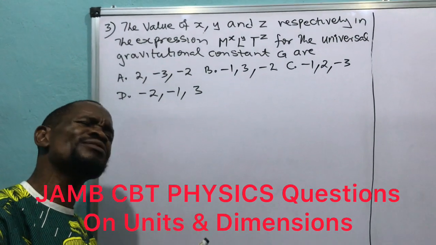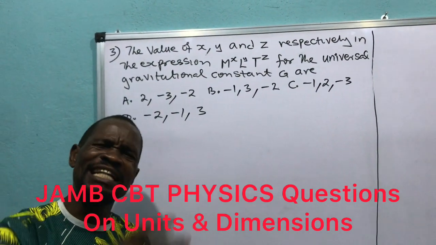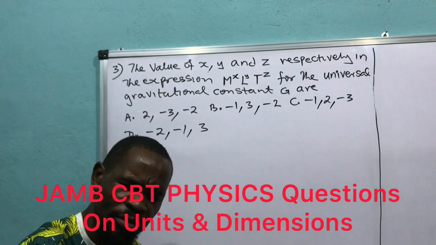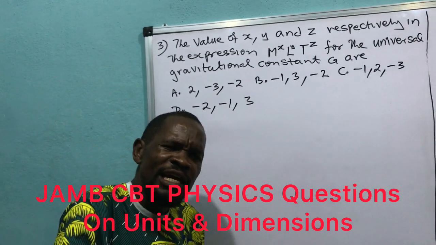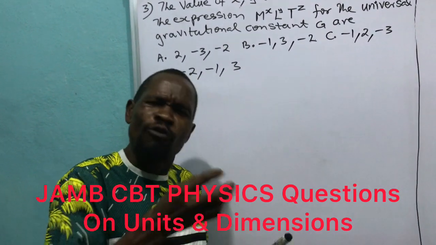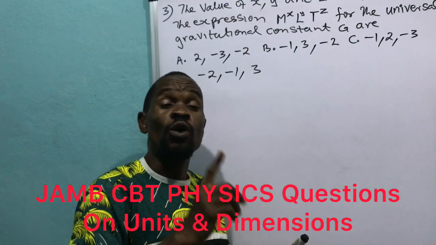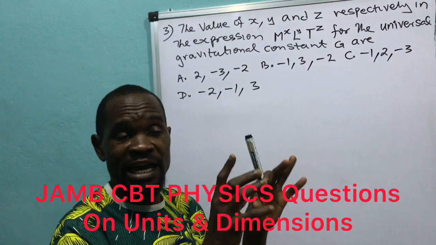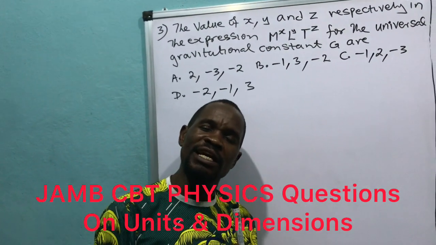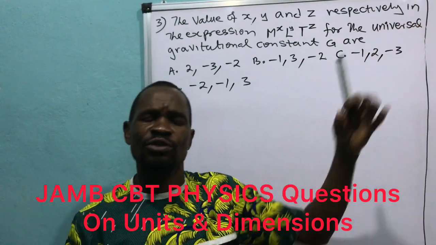From Newton's gravitational force. Newton's gravitational force says that the pull on a body on the earth is directly proportional to the mass of the earth times the mass of that body, over the distance of separation squared.